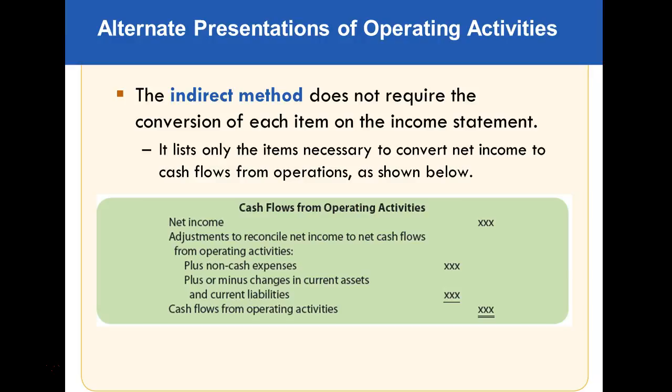So we're going to add back non-cash expenses, and then we're going to add back or subtract changes in current assets and current liabilities. So for example, if at the beginning of the year we had accounts payable of $200 and at the end of the year the accounts payable was $1,000, we're going to convert that liability into cash, okay?